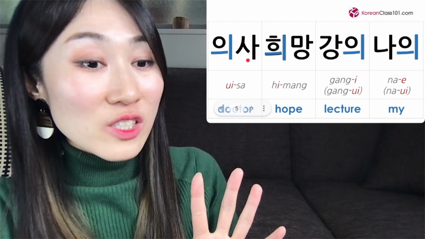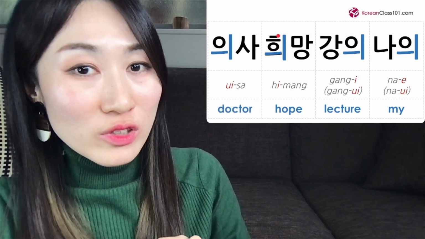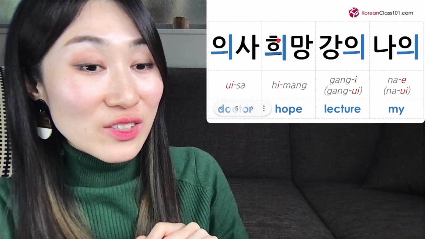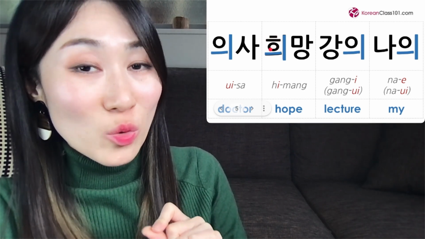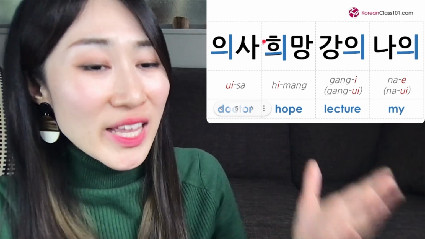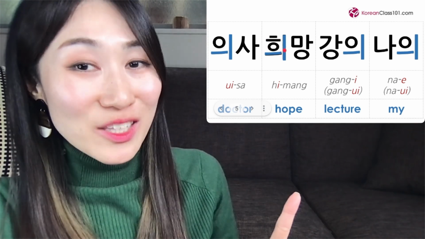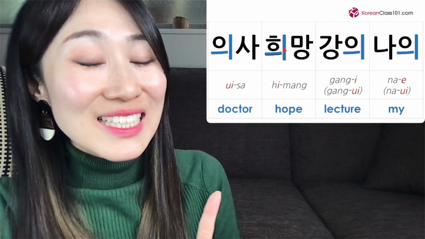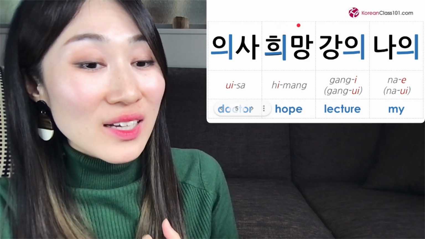But even if it's the first syllable, if there is a consonant sound, it's not the silent placeholder 이응, but there is another consonant. Anything is okay. If there is any consonant here, then the sound is not 의 anymore. It sounds like 이, as in 희망, hope, 희망.